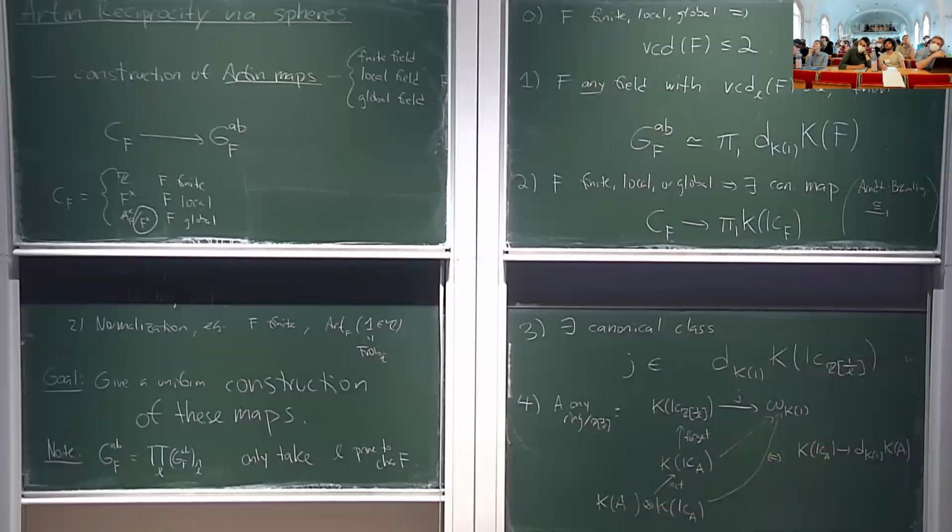And then if you look on pi 1 and take A equals F, you have CF mapping here, and then pi 1 of K of KF is the abelianized absolute Galois group. By 0.0 and 0.1, this was 0.3. And look, we did it.